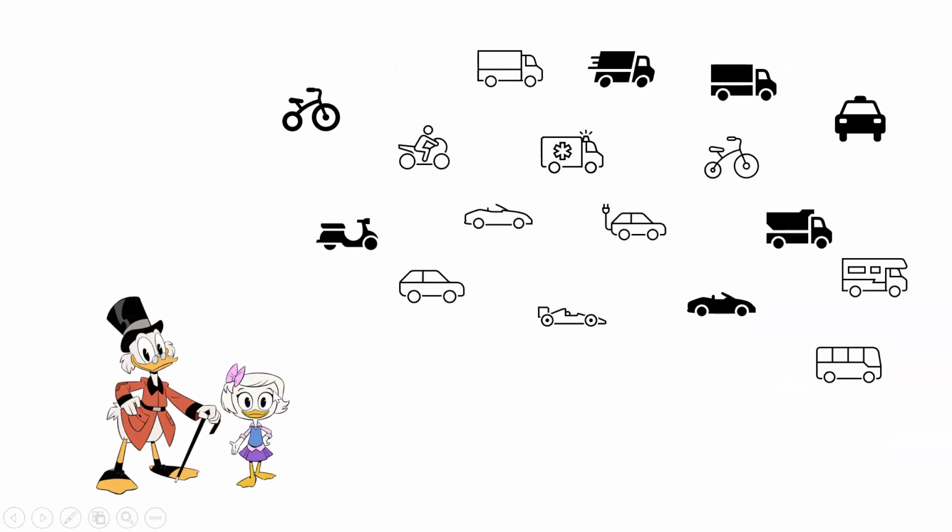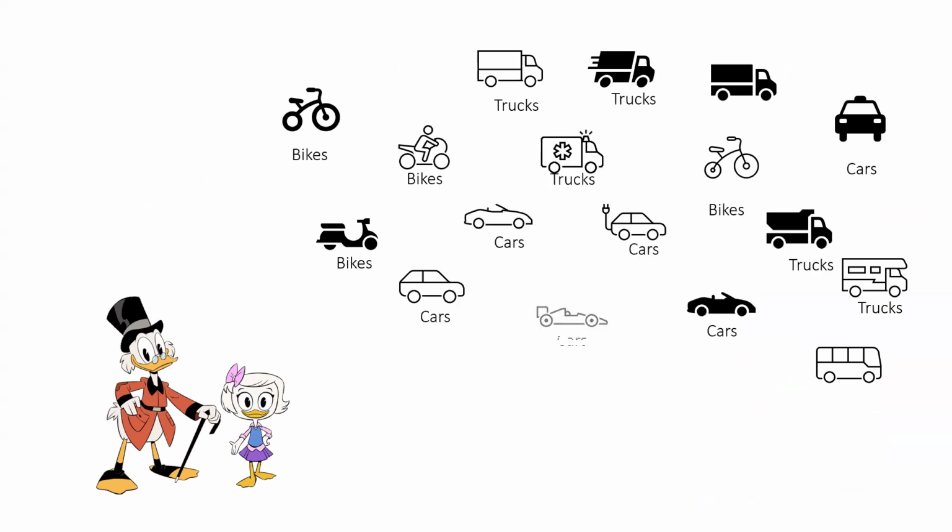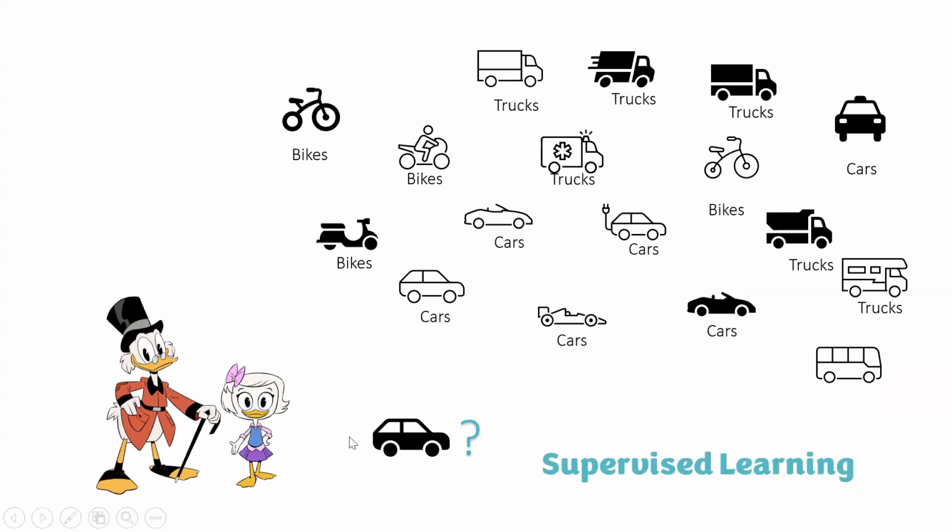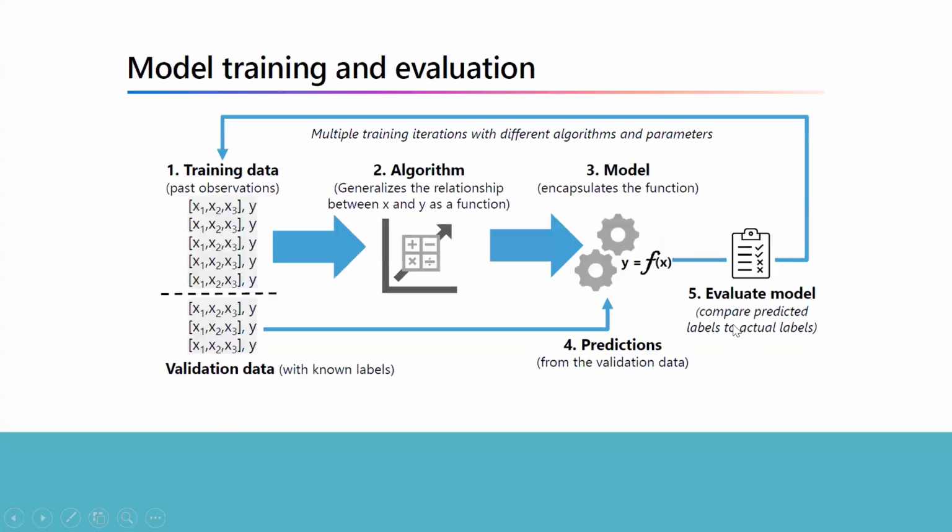In supervised machine learning, we have the data labeled. We have this bike, we have this truck. So we feed a lot of labeled data, and then we train our model. Once it is trained, if I pass this image of the car, it will be able to tell me whether it's a bike or a truck or a car.